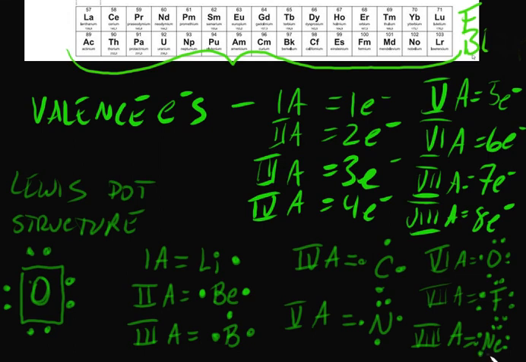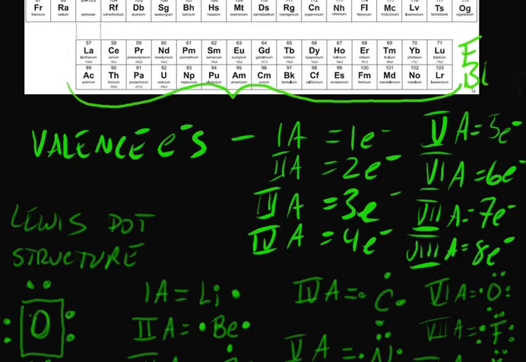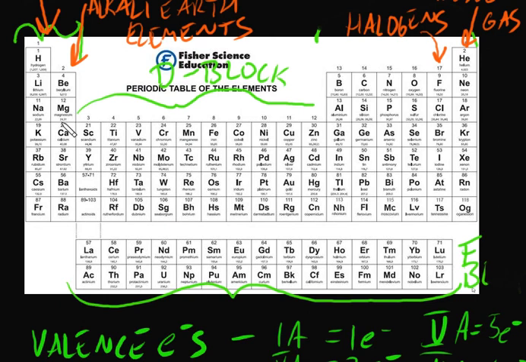I know this is a little bit tight, and I'm sorry about that, but I've run out of space here. Now, all of these Lewis dot structures are the same for the groups. So, lithium will have the 1 dot, just like sodium, potassium, rubidium, cesium, francium. They'll all just have 1 dot. Beryllium with its 2 dots, same as magnesium, calcium, strontium, barium, radium.